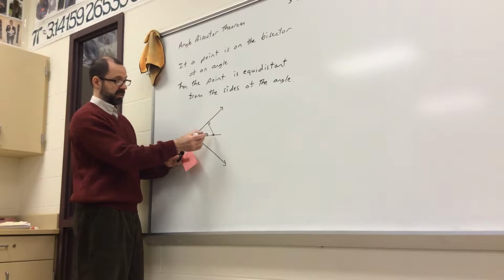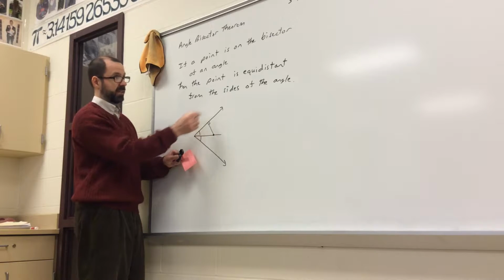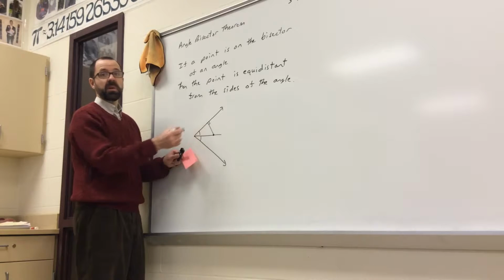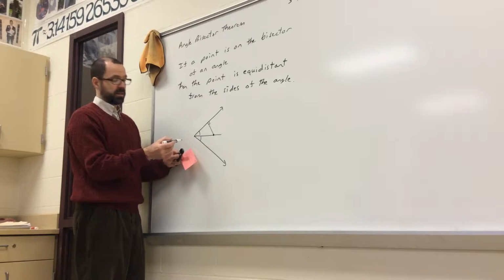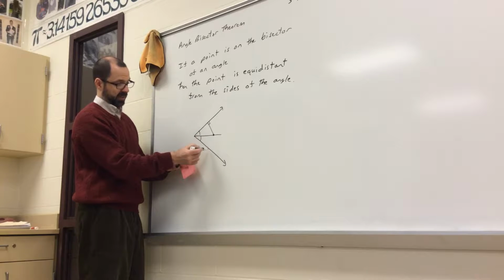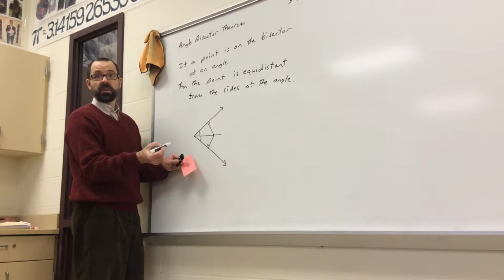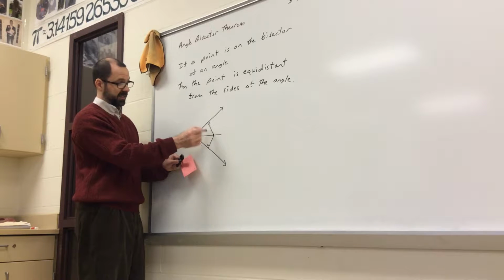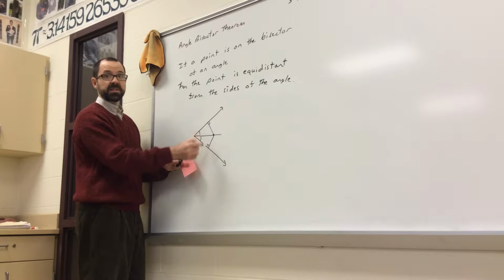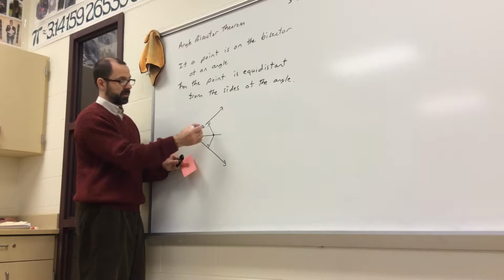So when we're talking about the distance from a point to the side of the angle, that's going to make a 90, because that's the shortest possible distance. So then if we go from that point to this side of the angle, we'll go like that. And what the theorem is saying is that this distance is equal to this distance, is equidistant.